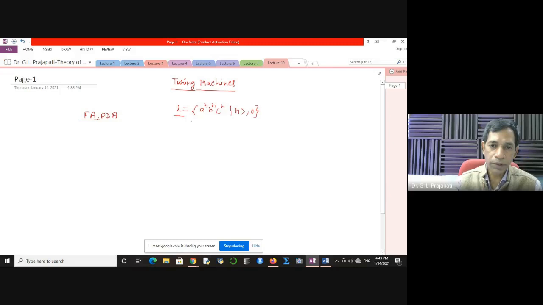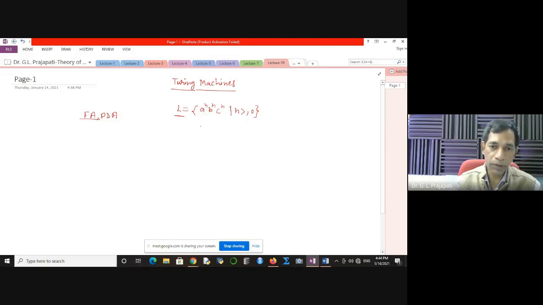In a finite automaton, you can't remember the number of A's and the number of B's. Once n is sufficiently large, it is not possible for a finite state machine to remember such long strings. So finite automaton we can't construct for this language.